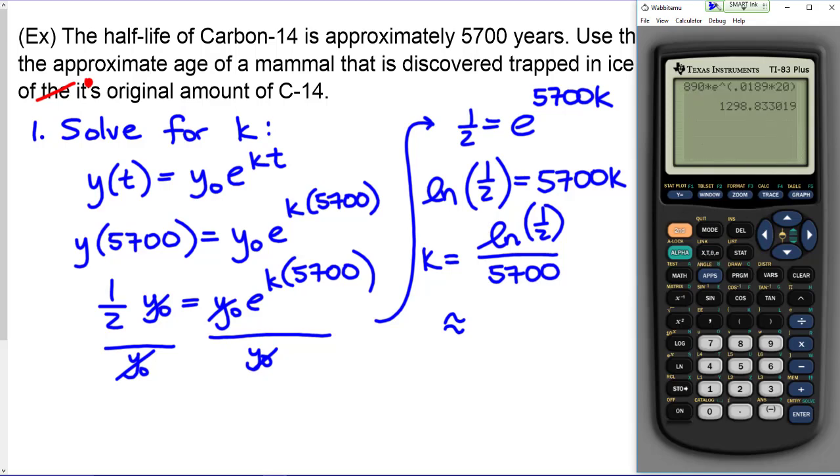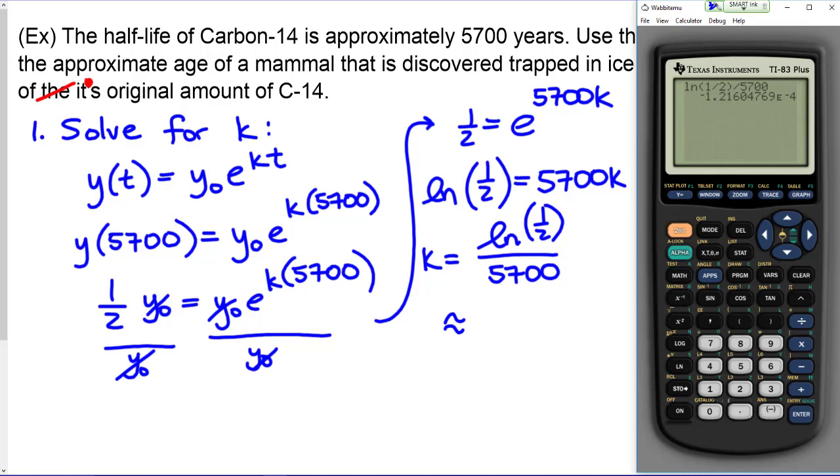So in this example, natural log of 1/2, or I could put 0.5, that's fine, either way, divided by 5,700. I get negative 1.216, and then some extra digits, then I have e minus 4.